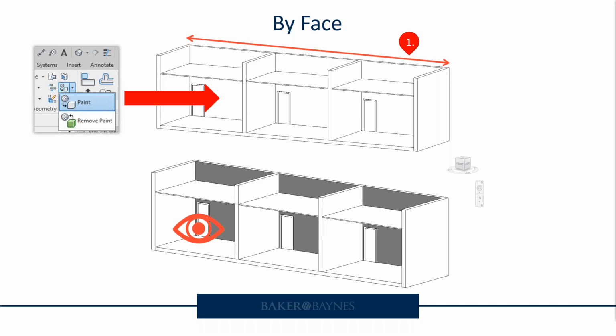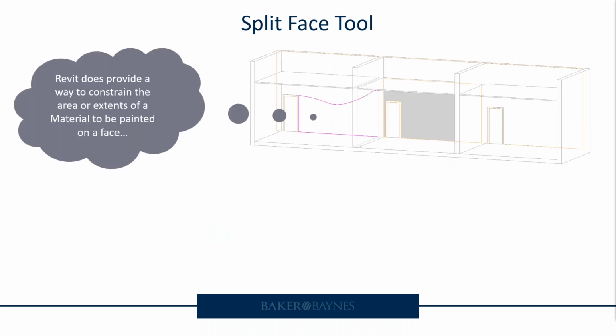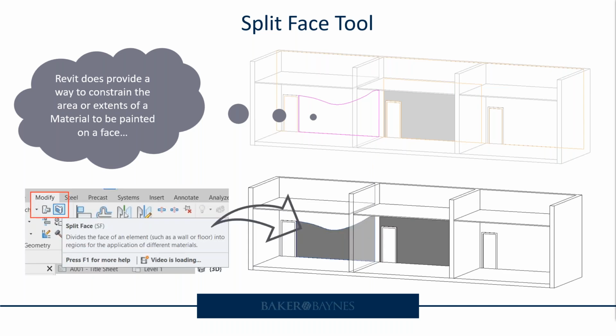So there is actually an option for a workaround, and that is by using your split face tool. So this is Revit's way to constrain the area or the extent of a material that is to be painted on a face. So you can find the split face tool also in your Modify tab in the geometry panel in your ribbon, and it sits just above your paint tool.